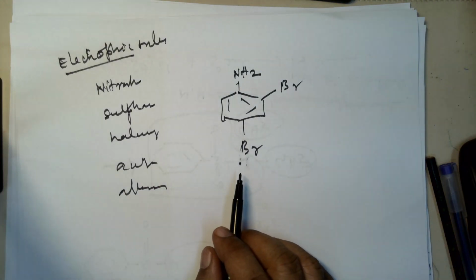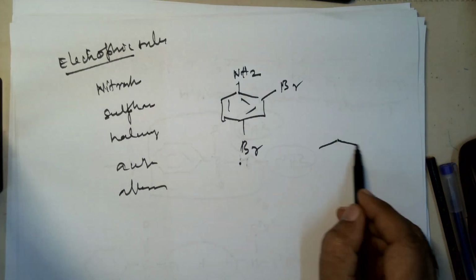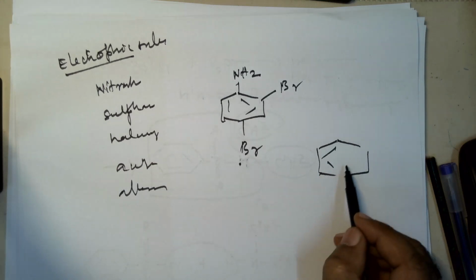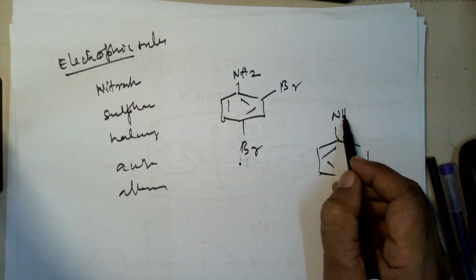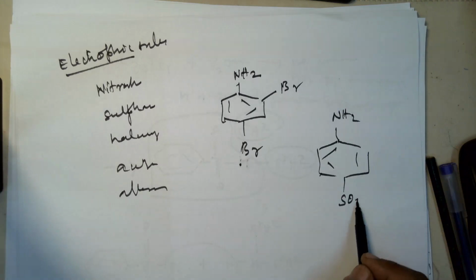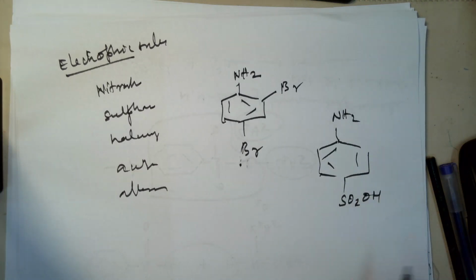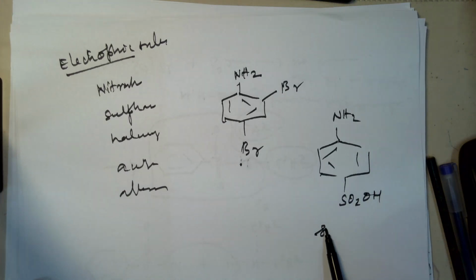And similarly, you have sulfonic acid, that is NH2 with SO2OH. What do you call this one? Sulfanilic acid.